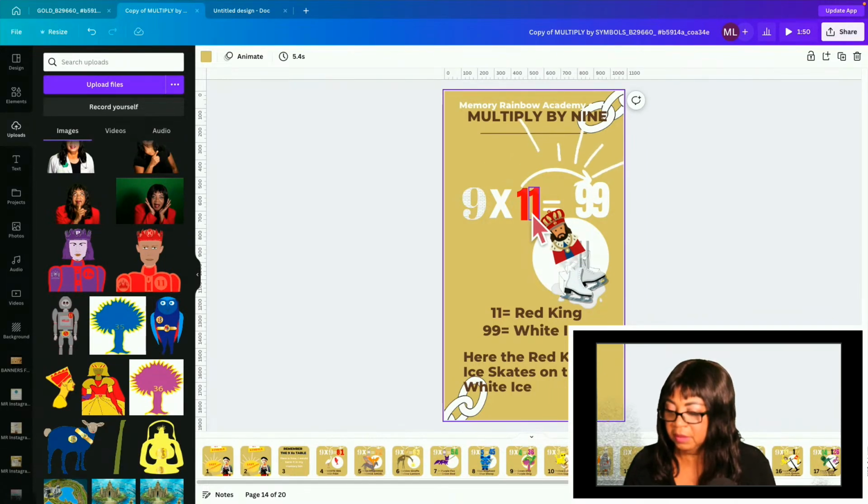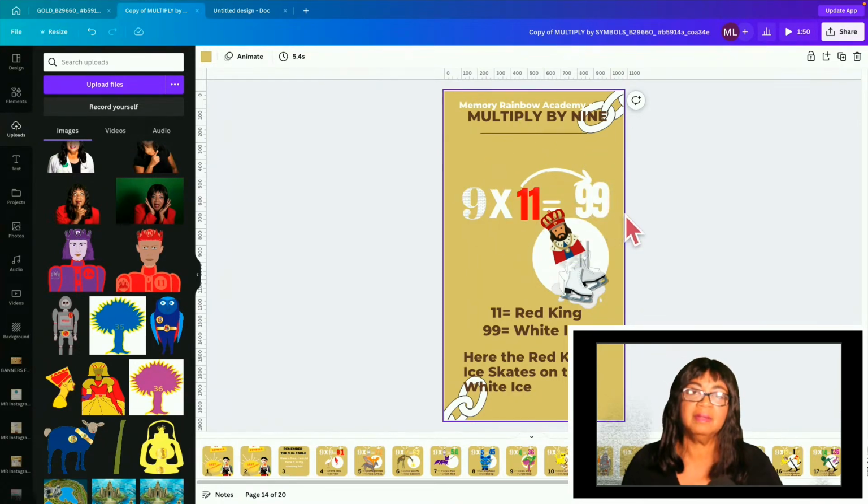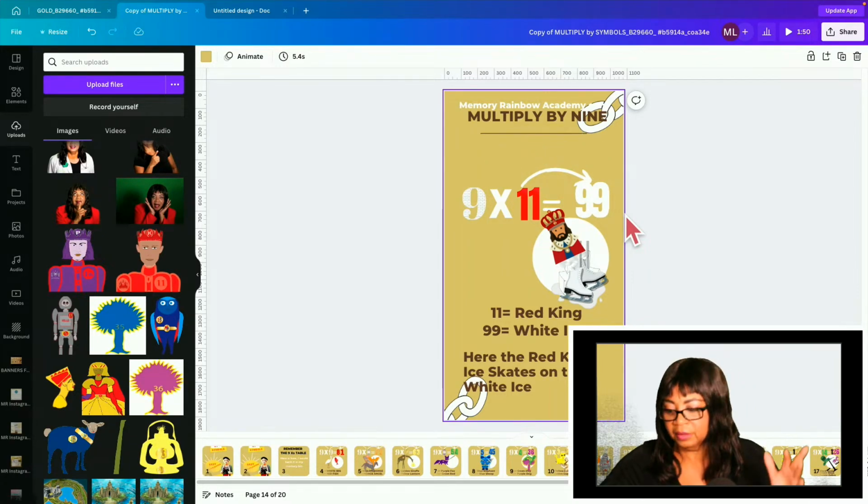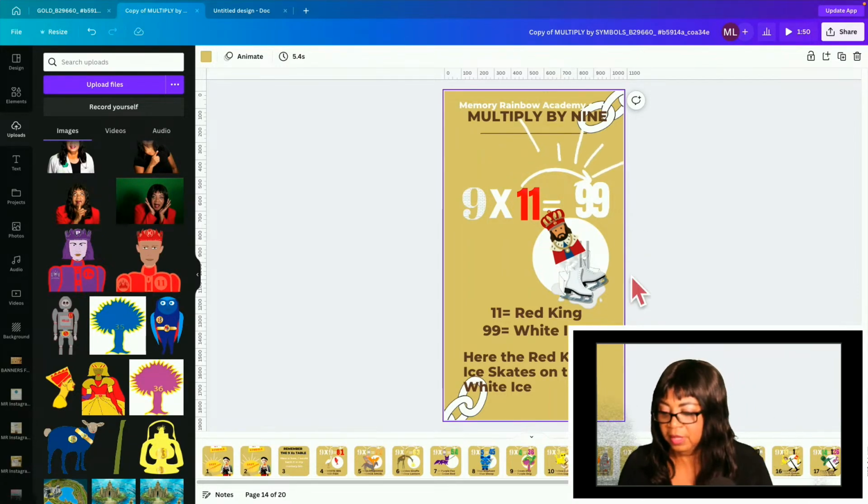So that's going to be number 11 times 9, and you end up with 99, which represents, it's not yet in the chart, but it's going to be ice. So you have different color ice from black ice, red ice, all the way to white ice, and all the other colors in between. So here I'm envisioning this red king ice skating on white ice.